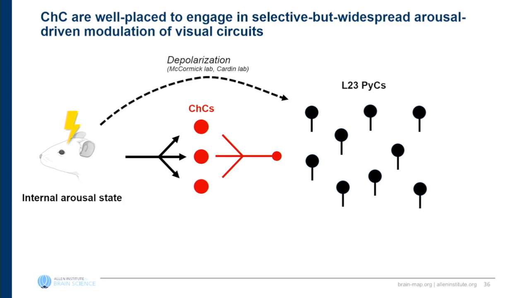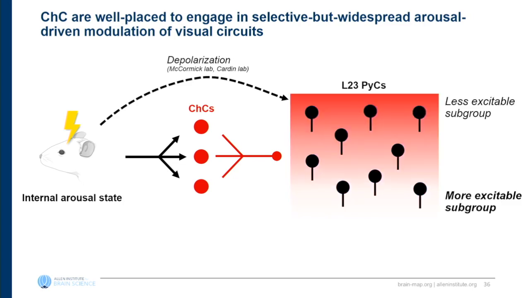Ani showed that the inhibition from chandeliers onto the layer 2-3 pyramidal neurons is particularly strong and really well tuned to shape their activity. And then what we showed is that this inhibition isn't just distributed uniformly through the population, but is actually highly structured.